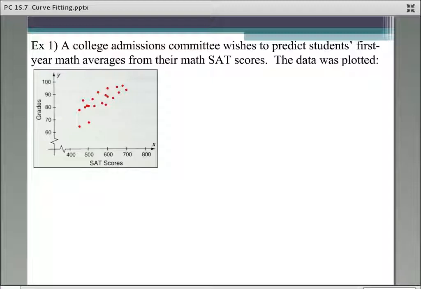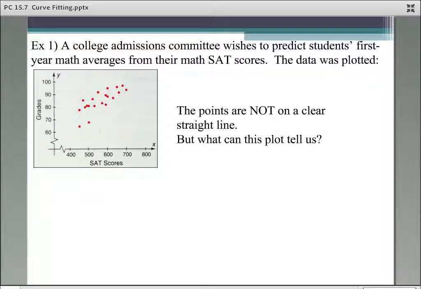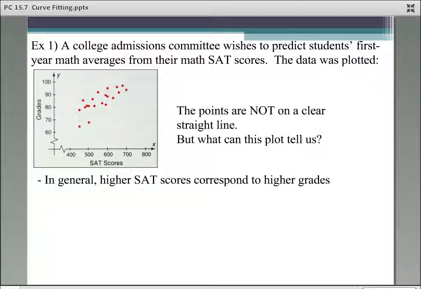So remember, they wanted to predict the first-year grades from their math SAT scores. And you see all these points. And so notice that these points are not on a clear straight line, right? So it's not an exact relationship is what that means, but it can still tell us something.